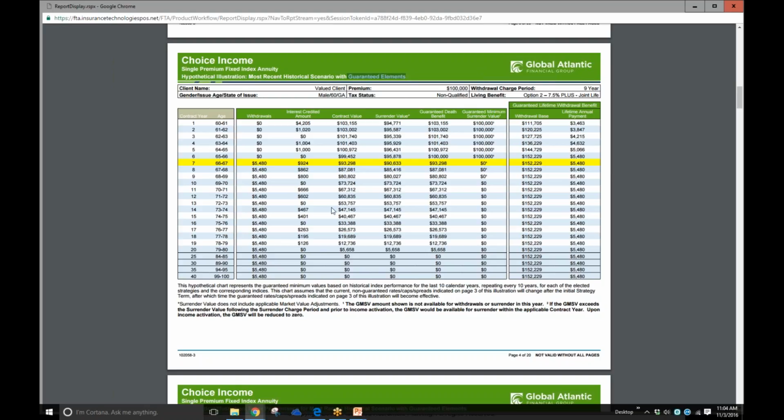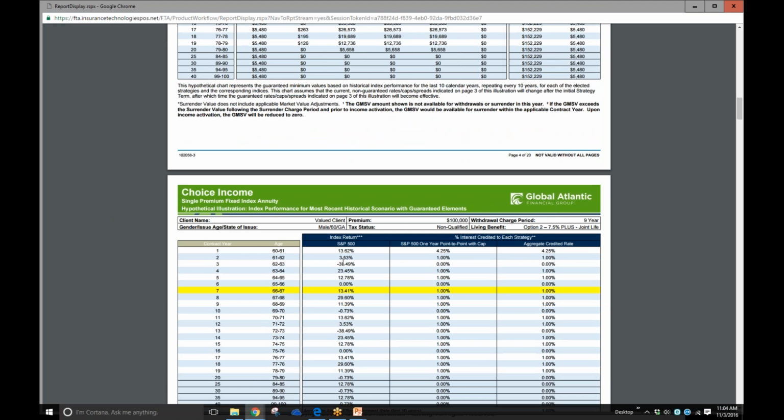With me? So, since guaranteed, my only guarantee is that lower 5,480 for life, okay? And we can actually look at a fully guaranteed basis. Look at this contract value. Guaranteed means there's no interest crediting happening, okay? So we see we'd be out of money by around age 80.